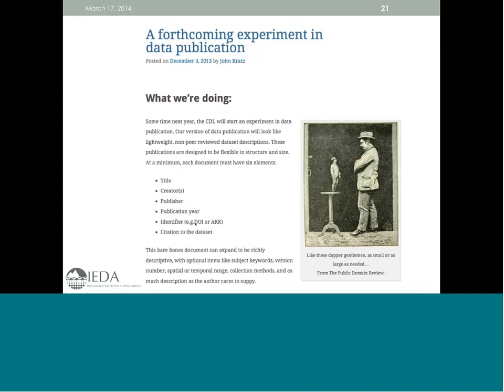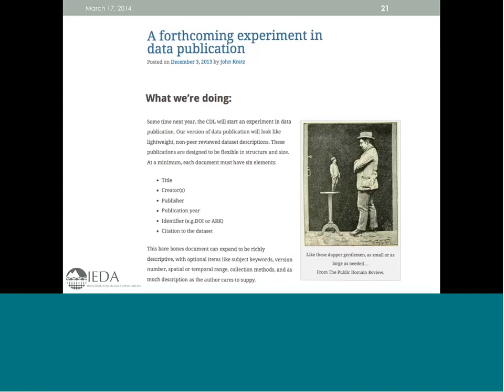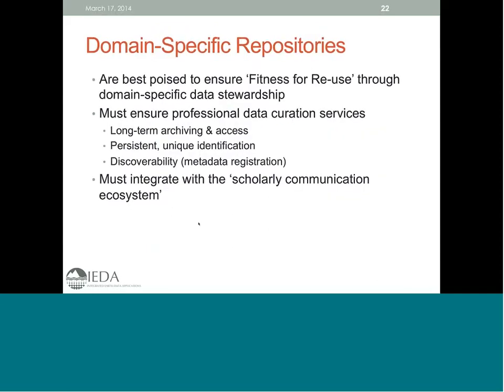Now, these very generic data repositories will clearly ensure long-term access to the data, but I am convinced that it requires domain-specific, discipline-specific expertise to ensure that the data can be reused in the long term. So I think that domain-specific repositories are best poised to ensure fitness for reuse through very domain-specific, community-driven data stewardship.